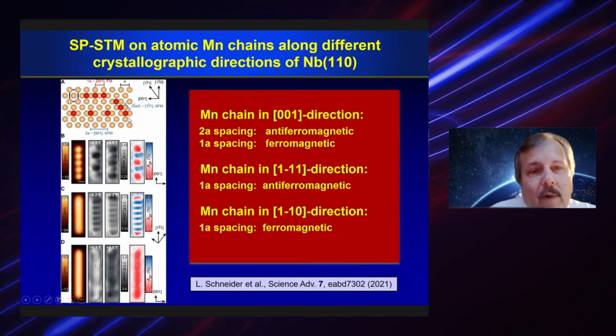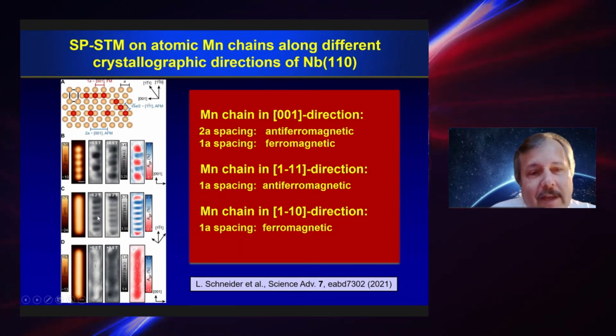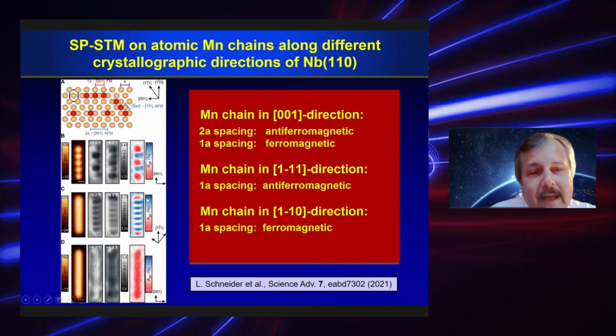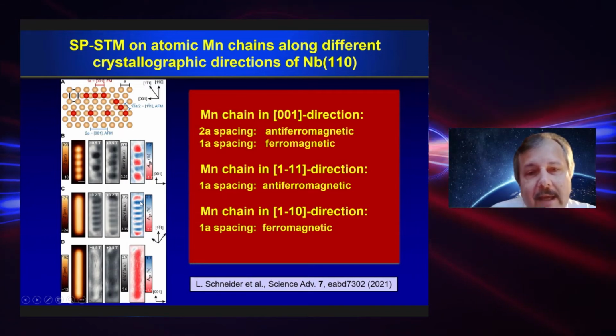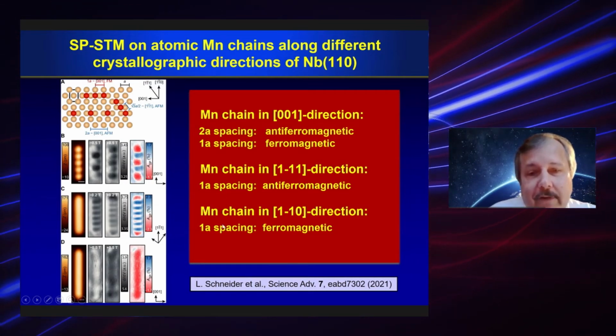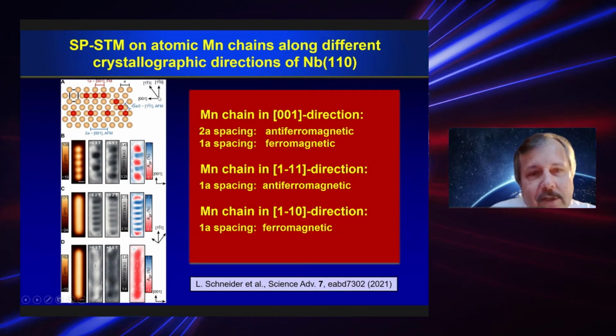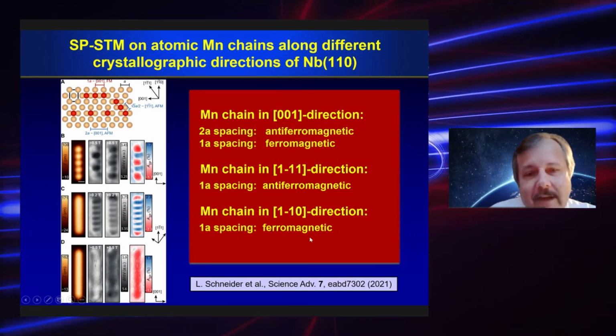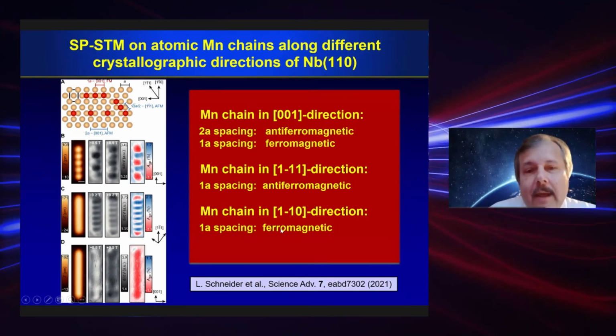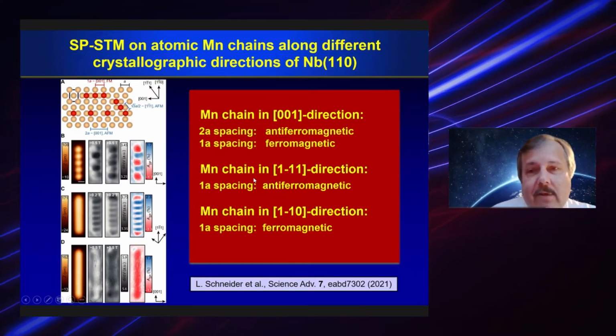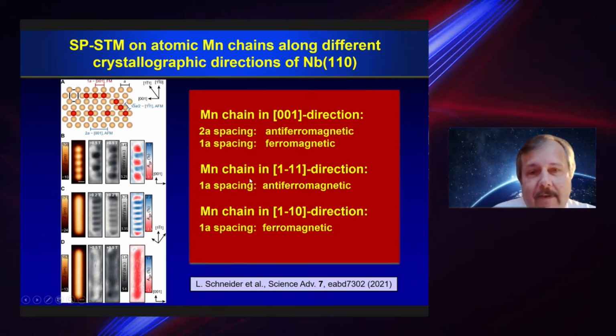For a chain in the 1-1 direction, even if we have close packed spacing, we have an antiferromagnetic ground state, and this is different from a chain built in the 1-1 direction, which is this direction, which has a ferromagnetic ground state. So we can arrive at these conclusions very clearly, without ambiguity.